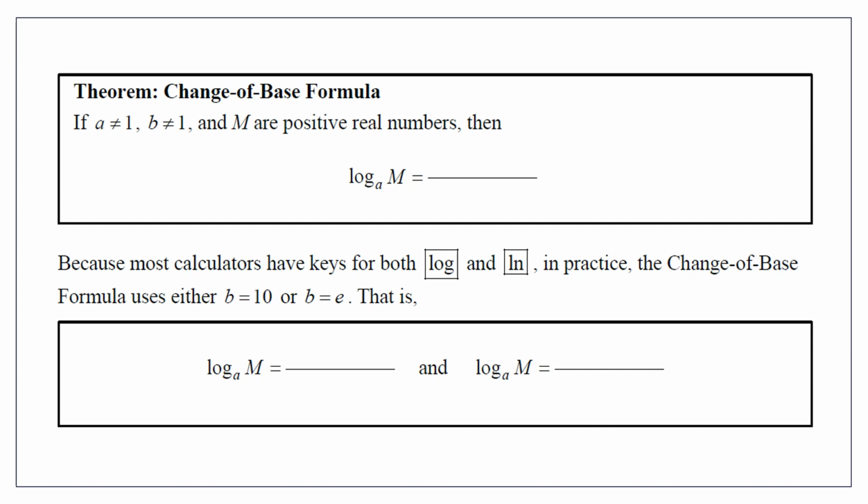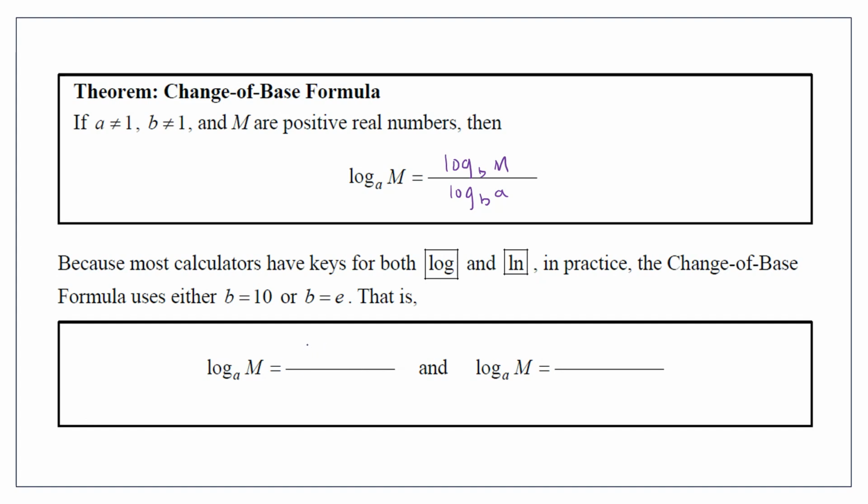The theorem says that if a does not equal 1 and b does not equal 1, and m is a positive real number, then log base a of m equals log base b of m divided by log base b of a. Because most calculators have keys for both log and natural log, in practice, the change of base formula uses either b equals 10 or b equals e.